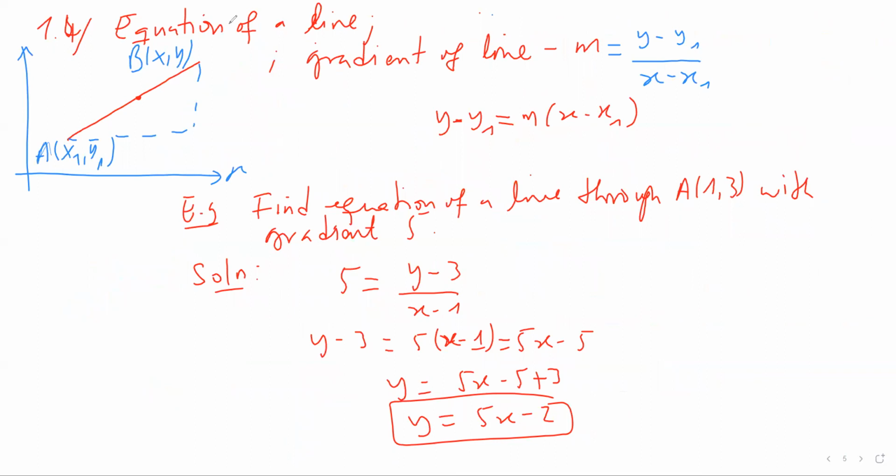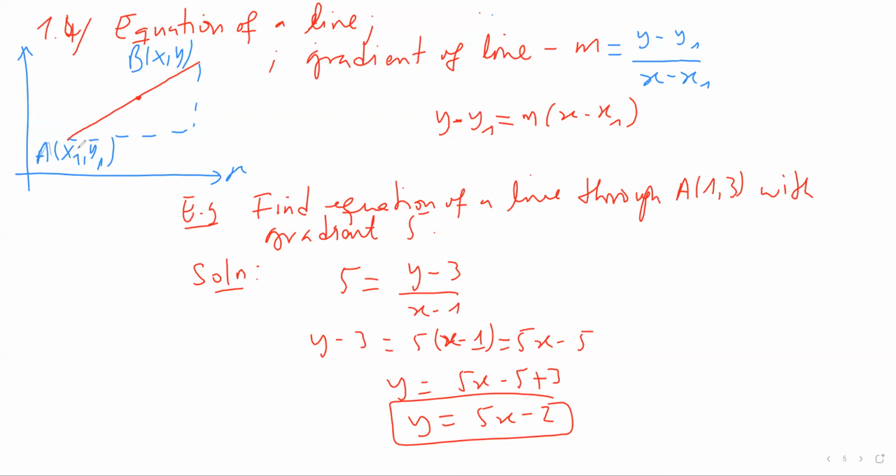Next, we talk about the equation of a line. If you have a point A given by x1, y1, which goes through a line with gradient m, then the equation of the line is given by the following, because we know that the gradient of this line between the point x1, y1 and B, x, y, is the change in y over the change in x.